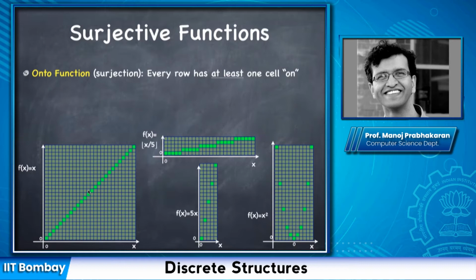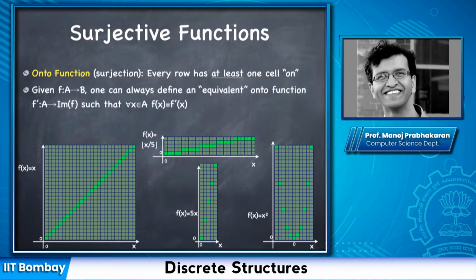Now, you could take any function and recast it as an equivalent function simply by redefining the codomain to include only those numbers which are in the image of the function.